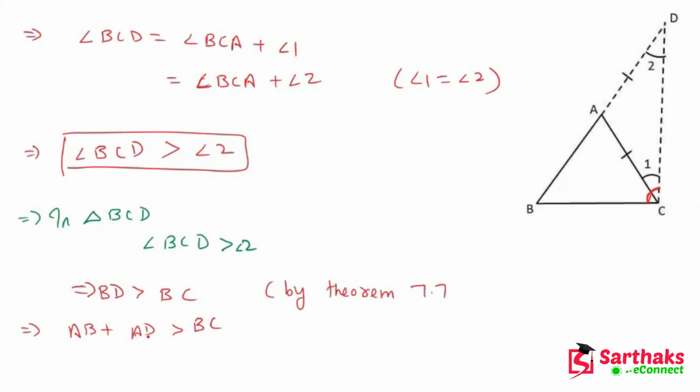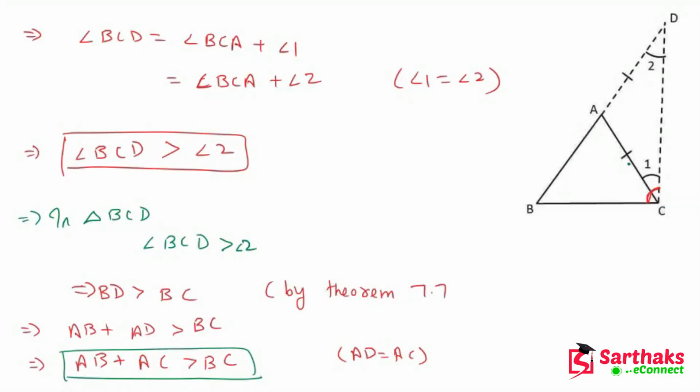We know AD is AC, so we can write AB plus AC is greater than BC, since AD is equal to AC. Hence proof. So the sum of two sides AB plus AC is always greater than the third side, which is BC.